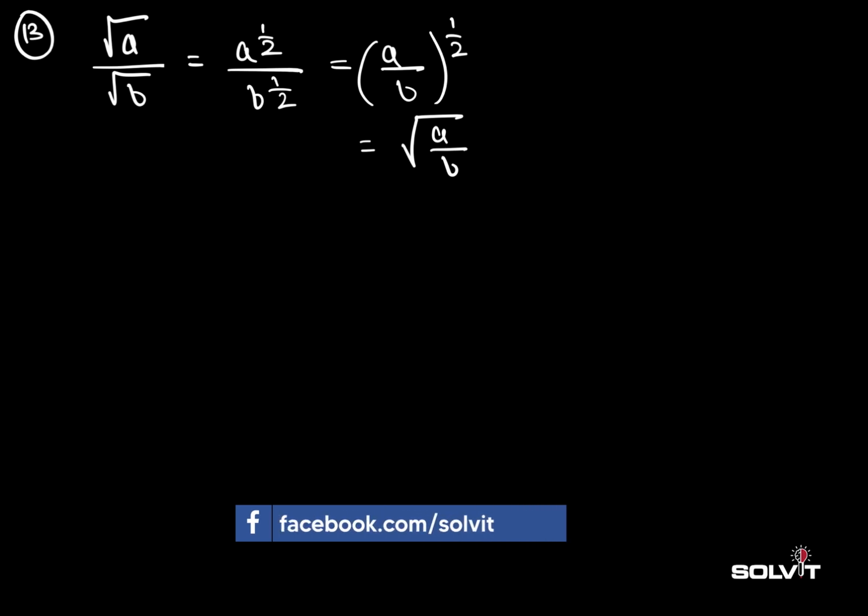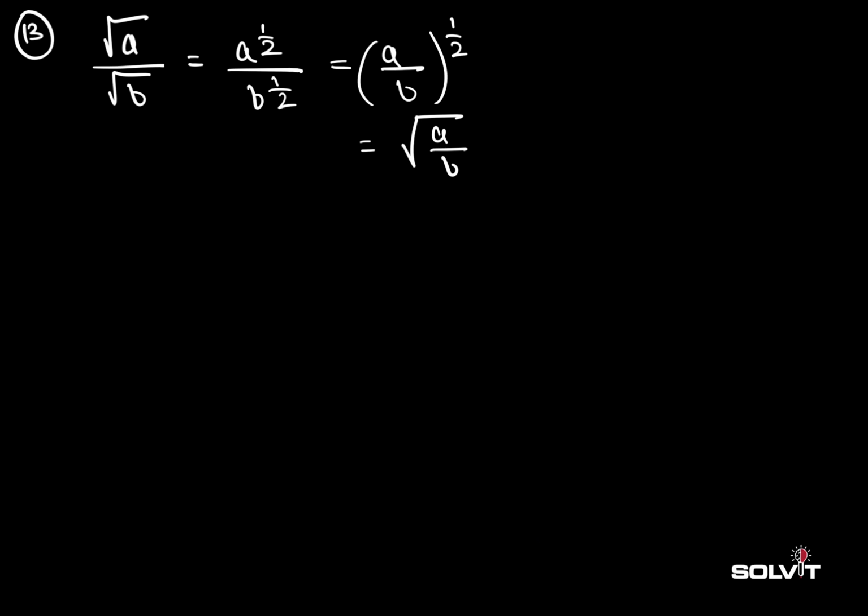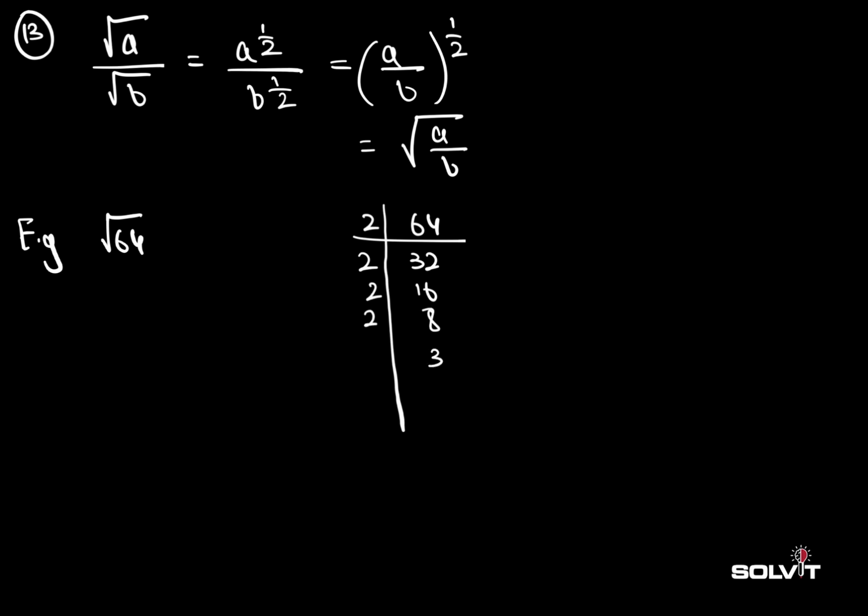Now I'll just teach how we solve a root, or how we simplify a root. That means if it's given to me that under root of 64, this is a square root. So to solve this, we first have to do the prime factorization. That means 64 is going to become 2 into 32, 2 into 16, 2 into 8, 2 into 4, 2 into 2 and 2 into 1.